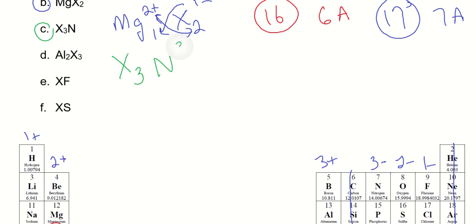All right, so let's put that there. So you can see that 3 subscript for element X must have come from the charge on the nitride anion. Since there's no subscript there, we just assume that to be 1, or that implies it to be 1. So this must have been a 1 positive cation. In other words, element X is from group 1.